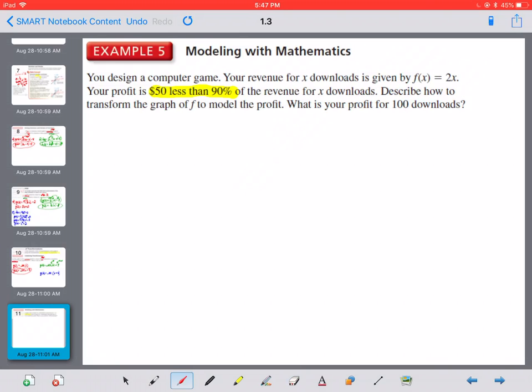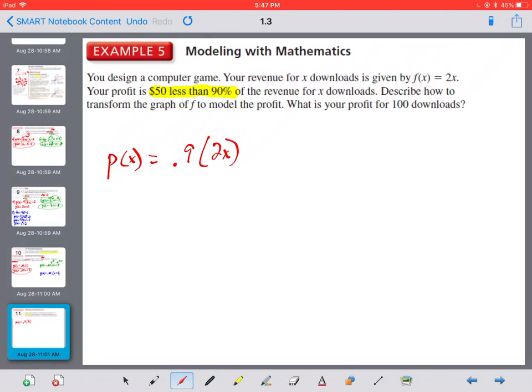And how do we get lower by 50? Well, if you had $100 and you need to be lower by 50, you take 50 away. So they want 90% and then take 50 away. Okay? So we could make it a P of X for profit if we wanted to. We're going to take F of X, but we're going to change it by what your profit margin is.